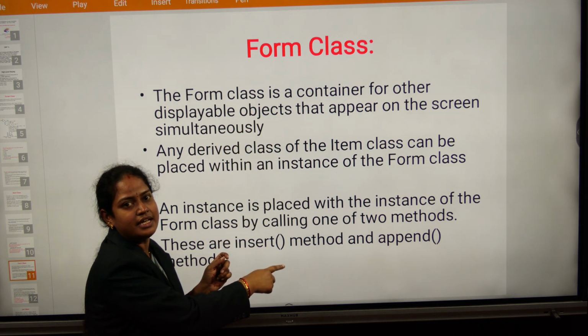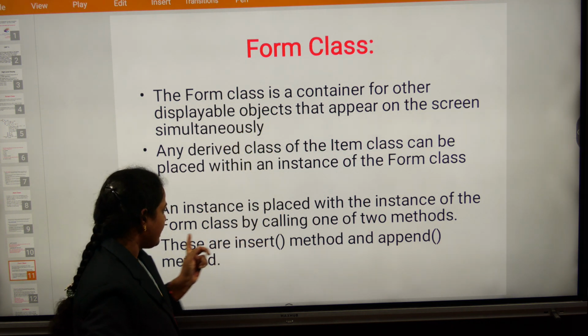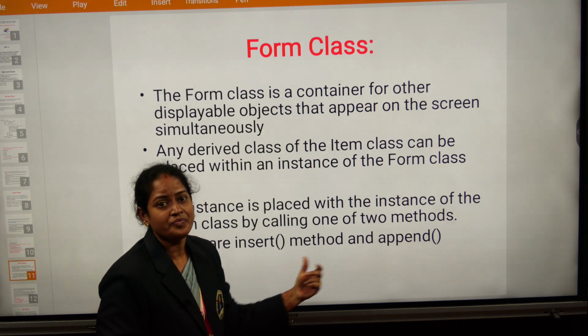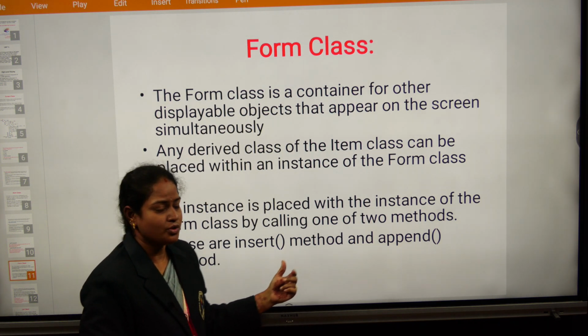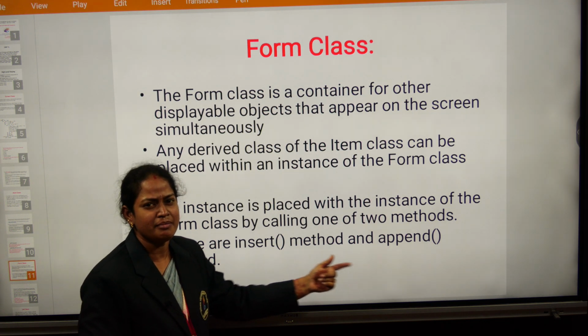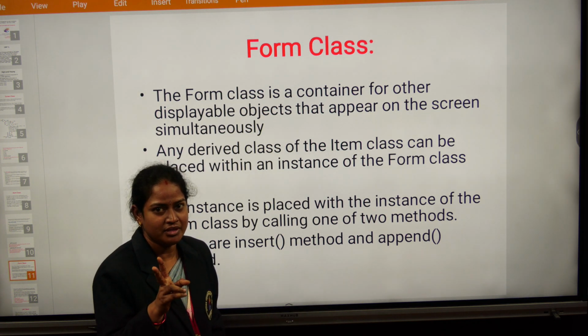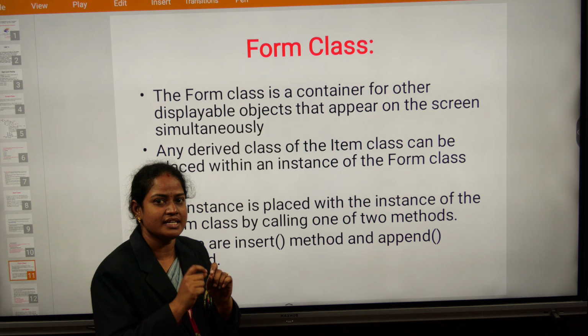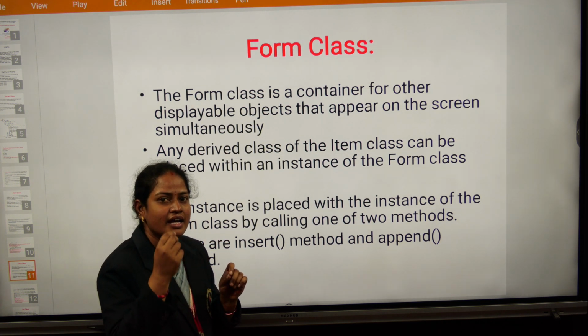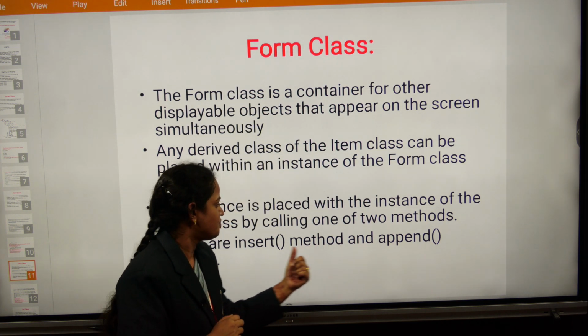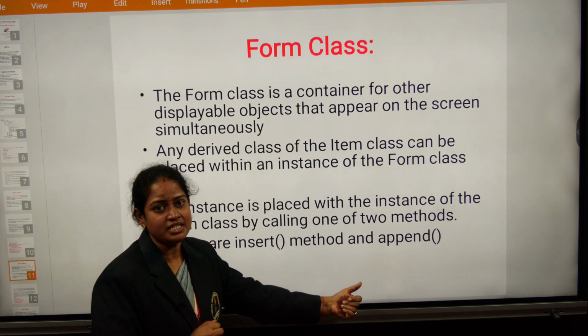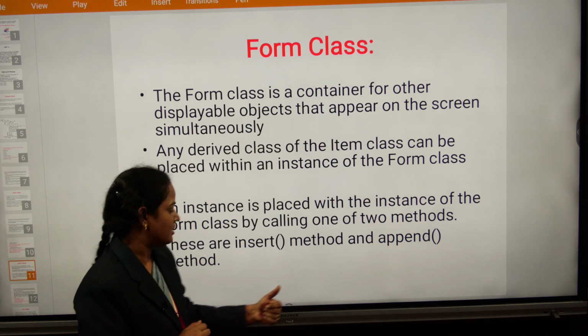For that aspect, we are saying that it is an instance class. In this case, we can use the insert and append methods also. Both are the same kind of thing, but we can insert a message at the starting or at any kind of position. So that is the difference we can show through these methods, insert or append.